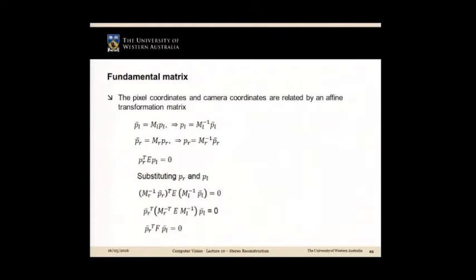So the pixel coordinates and camera coordinates are related by an affine transformation matrix. Given these particular expressions, ML and MR here represent your affine transformation. You substitute all these values in the equation for the essential matrix, PR transpose E times PL, and when you solve these expressions, F is defined by your affine transformations for the right and left image planes and the essential matrix.